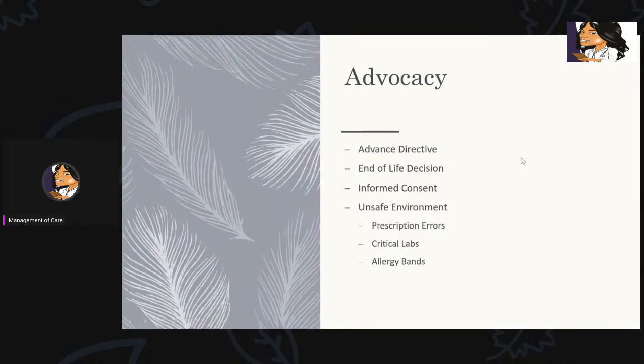All right. So remember, patient-centered care. Advocacy becomes a big, major issue when it comes to things like advanced directives, end of life decisions, and informed consent, because sometimes family members don't want to say goodbye. Or sometimes a family member may, up until that point of the patient's hospitalization, make all the decisions for the patient.